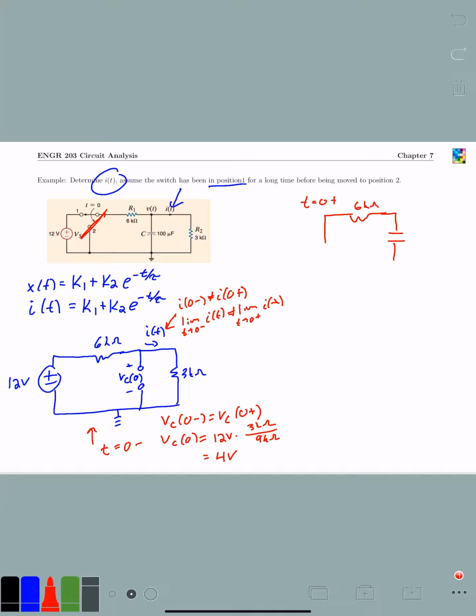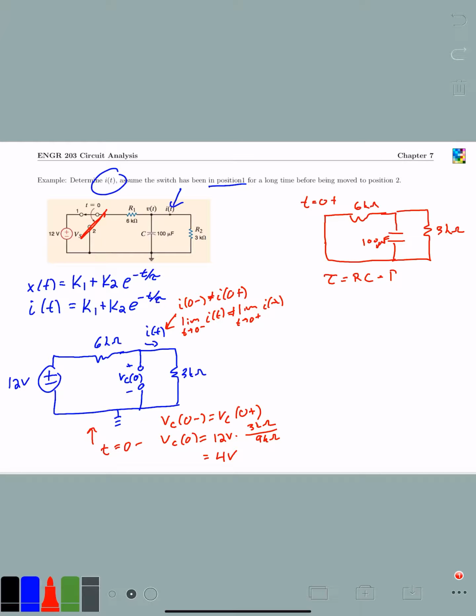Now, because something has changed, it's no longer steady state, so the capacitor is no longer an open circuit. And so we look at this diagram here. Now, I want to find the time constant, and you're always going to look at what happens after the switch happens to find the time constant. There's a rule that I haven't worked out yet, but I'll tell it to you right now: if you have a capacitor and resistor circuit, your tau is going to be RC.